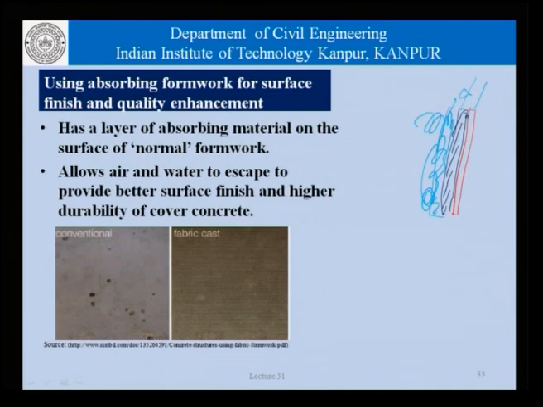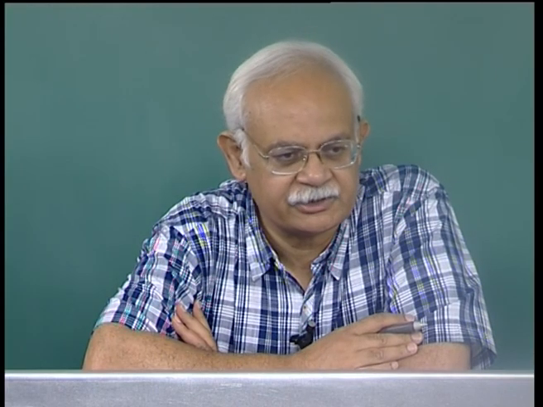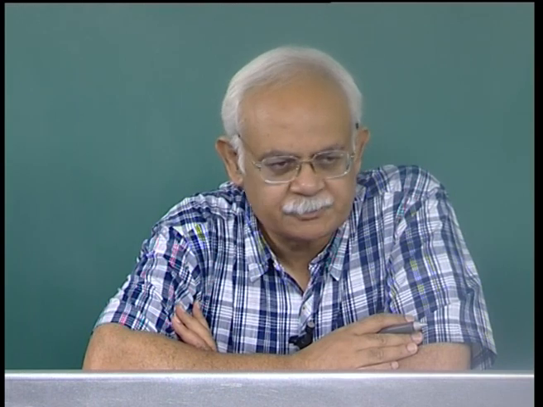So, what is happening is that if we are able to get the water out of this part of concrete, which is the cover concrete, because we have reinforcing bar somewhere here, it will enhance the quality of the cover concrete. It will reduce the water cement ratio in that region, and that is precisely what absorbing formwork does.